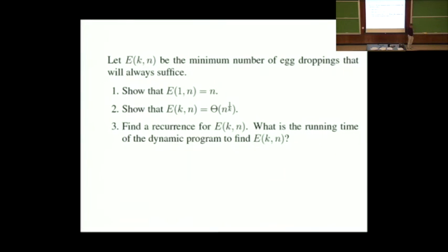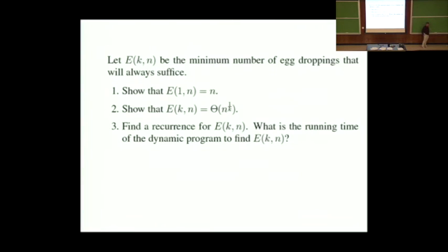How many possible values of E might we consider if we start out with k eggs and n floors? Well, I'm going to be calling it with a number of eggs that ranges from 1 to k, and a number of floors that ranges from 1 to n.